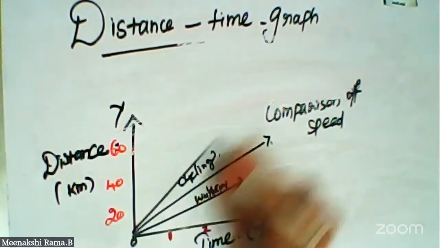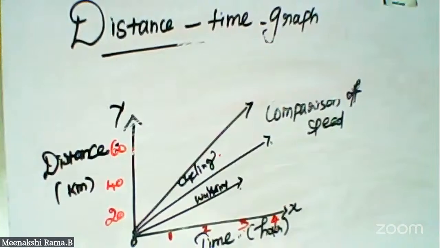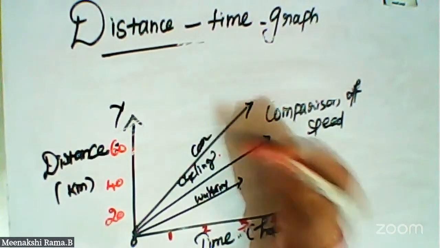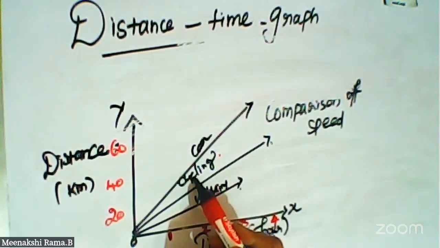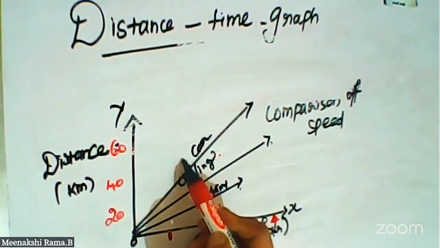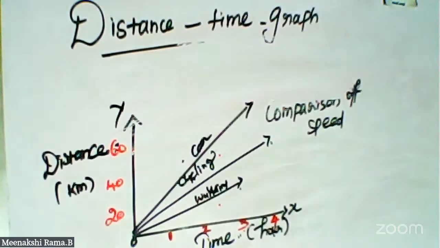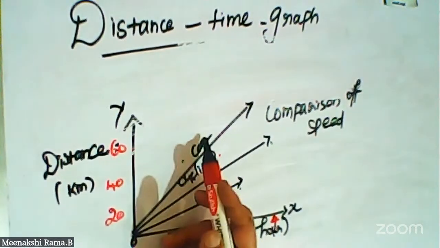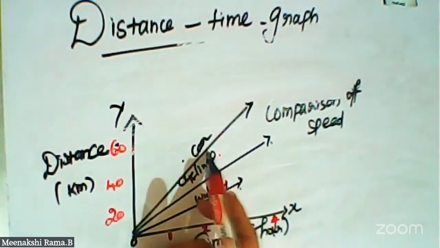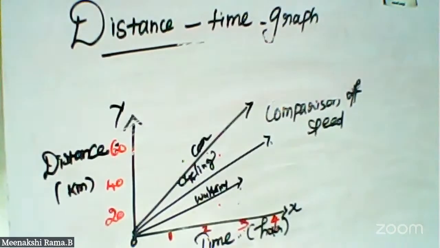The next person used a car. Compared to walking and cycling, the third person crossed that area by car. So the speed of the car is higher than cycling and walking.